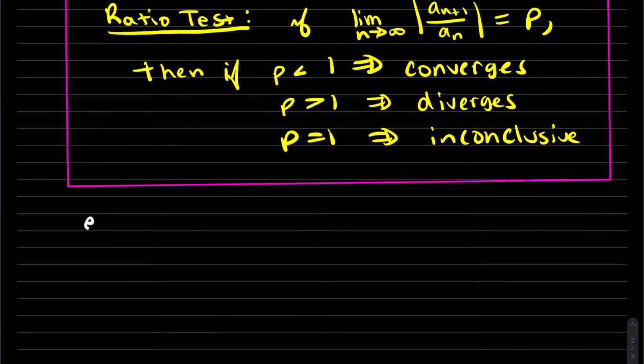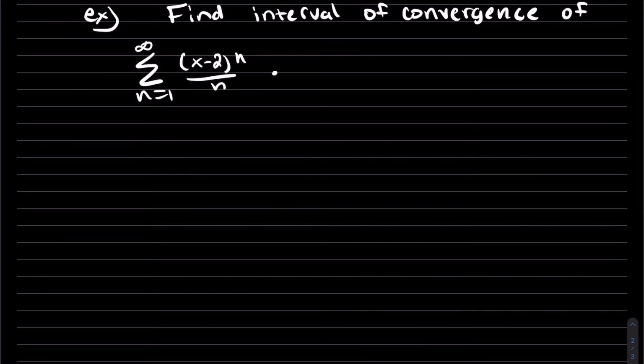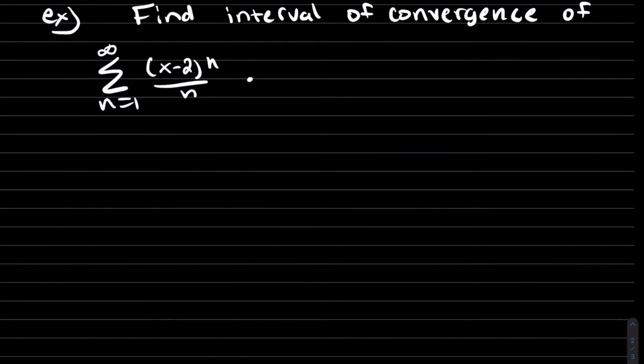So first example. Let's find the interval of convergence of this series. So we're going to take the limit of the absolute value of a to the n plus 1 all over a to the n.